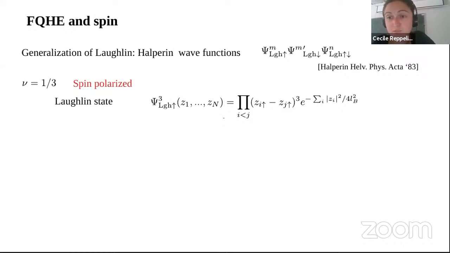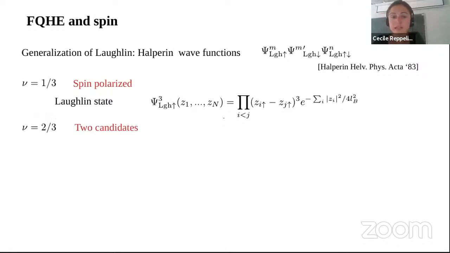In fact, it's a ferromagnet, and in many respects it's very similar to the ν=1 quantum Hall ferromagnet, except this time it's a fractional Hall conductivity. It has topological order, but from the point of view of spin, it's quite similar. So I've written again the Laughlin state, now emphasizing the role of spin and the fact that it is spin polarized.